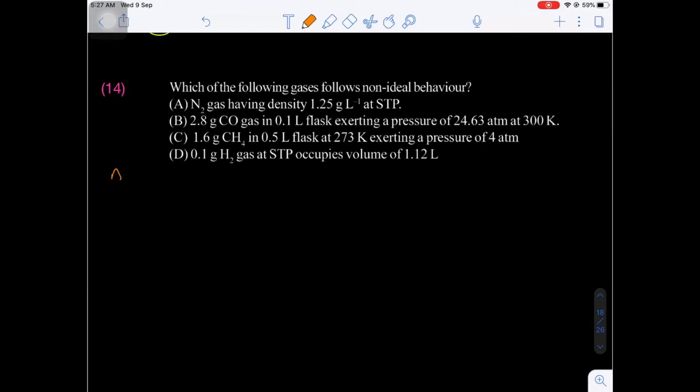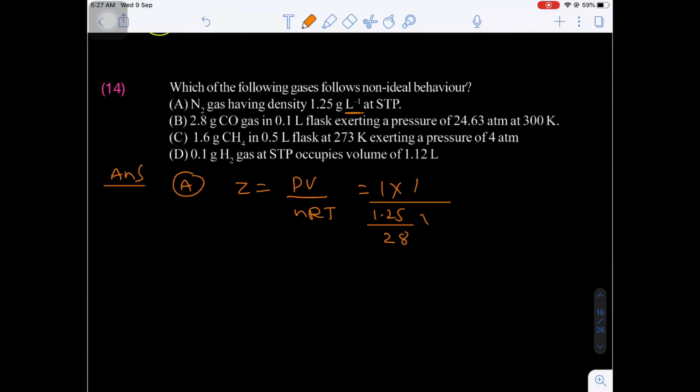Okay. Now in the answers, what is the first option here? Nitrogen gas having the density 1.25 gram per liter at STP. What is the compressibility factor? Z is equal to PV upon nRT. Now at STP condition, pressure is 1 atmosphere, volume is given per liter, whole divided by the number of moles, given mass of nitrogen 1.25 divided by molar mass of nitrogen, which is 28.